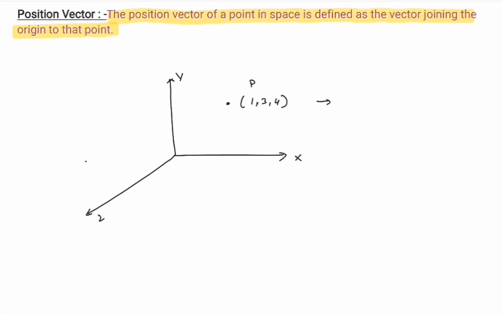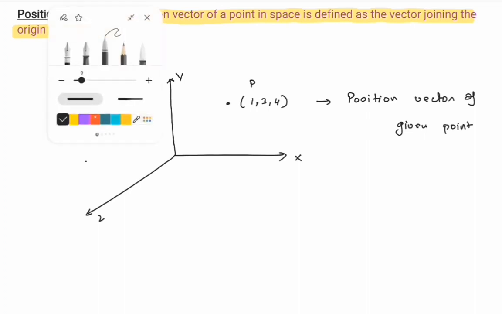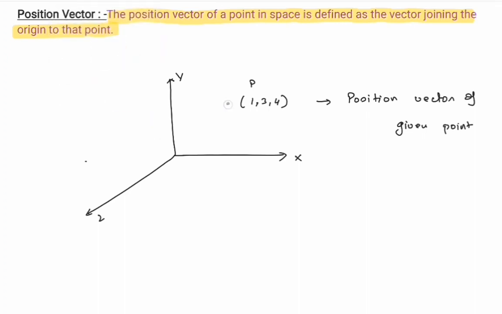This is point P. We need the position vector of the given point. How to find the position vector of a given point? First, draw the line from the origin to that point. The direction of the position vector will be pointing toward that point. Always remember the direction of the position vector is toward that point. How to find the position vector?